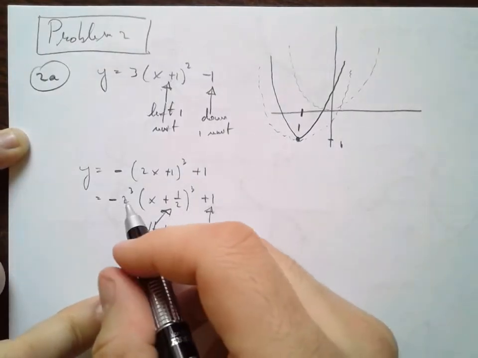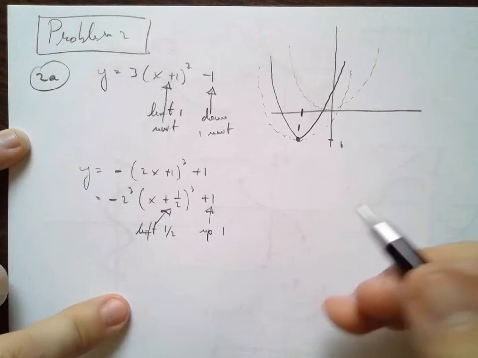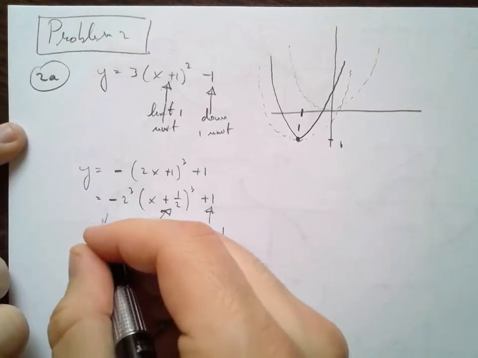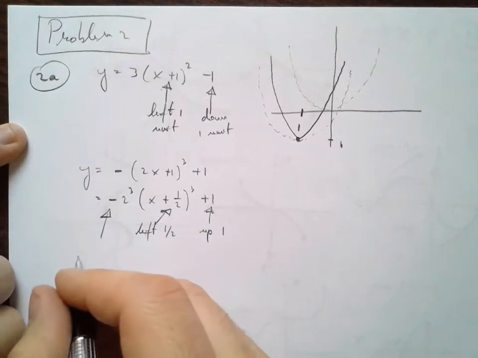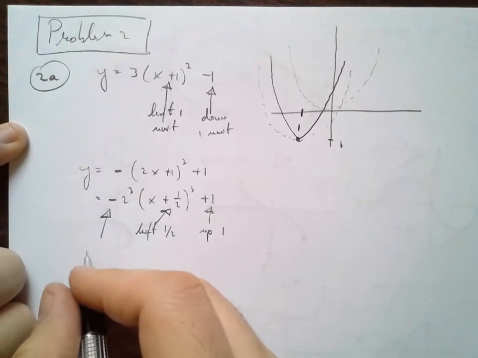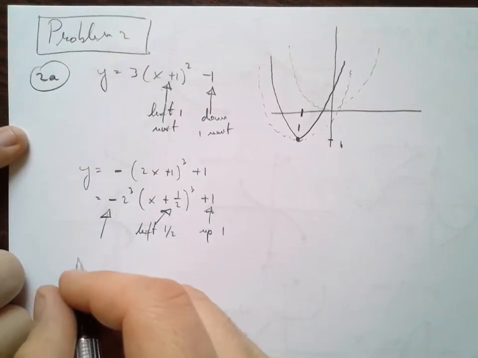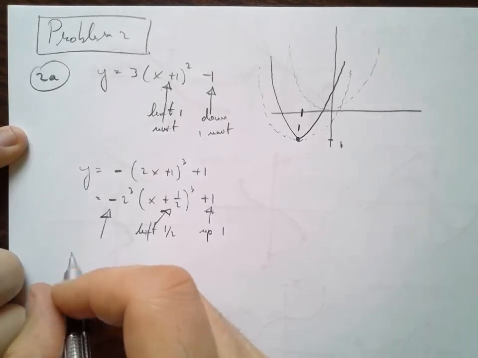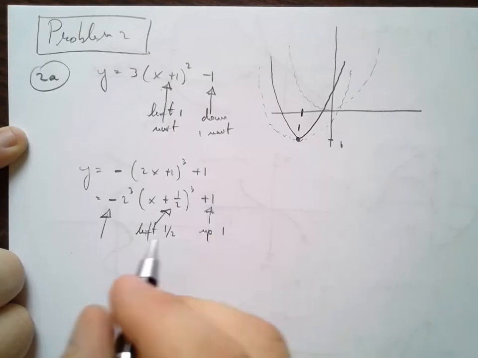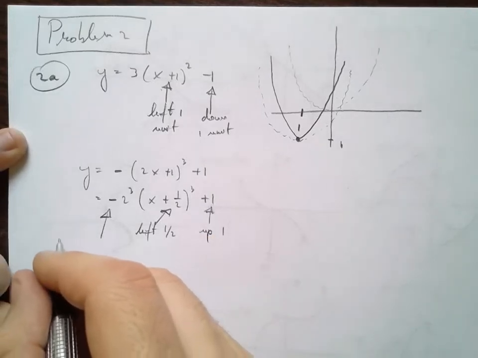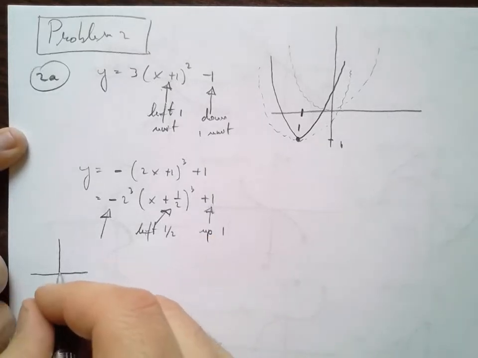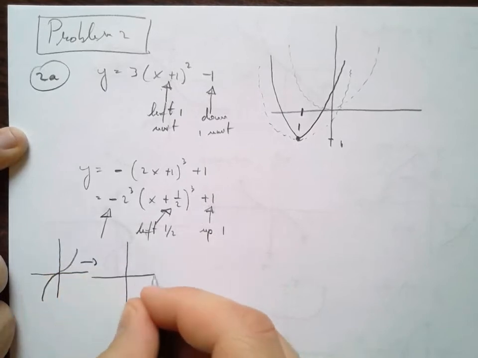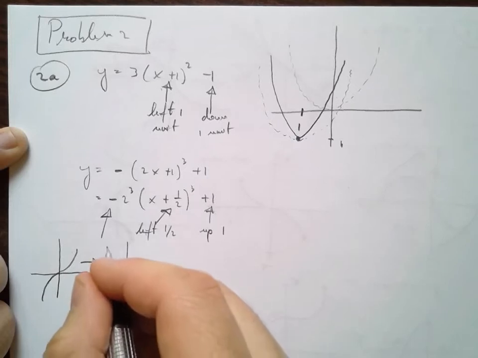Okay? And then this 2 cubed, all that does is it makes it a little bit narrower. But notice now I also have a negative sign, so this is a reflection about x. Right, and this happens before the upshift. In other words, from the graph of x cubed, that transforms it into the following graph.